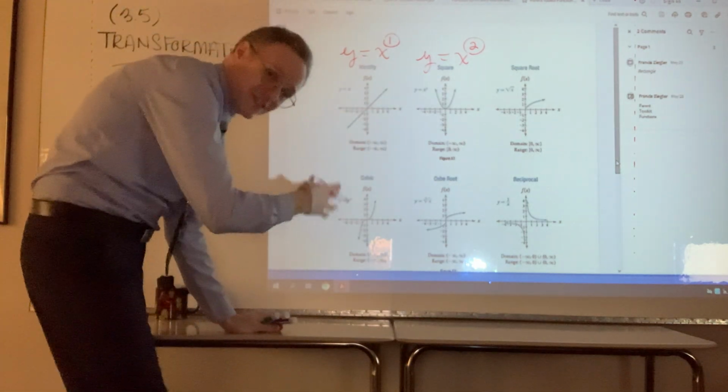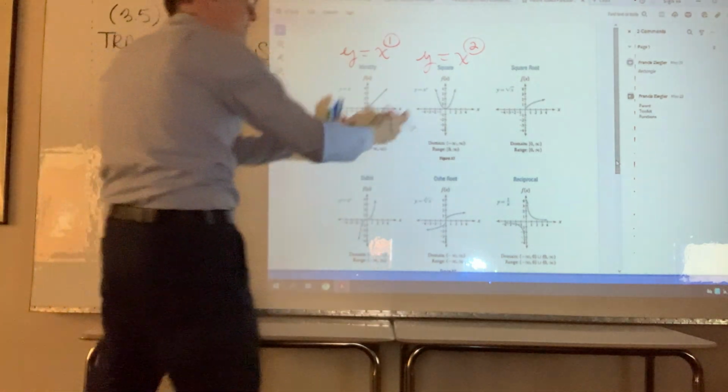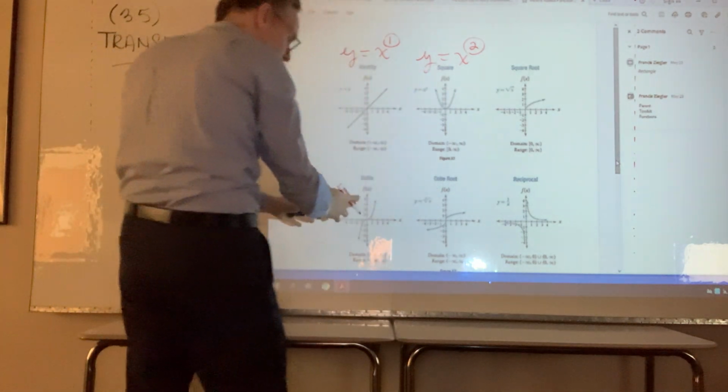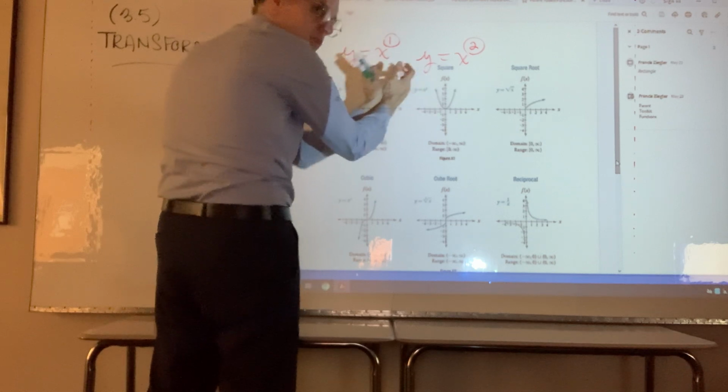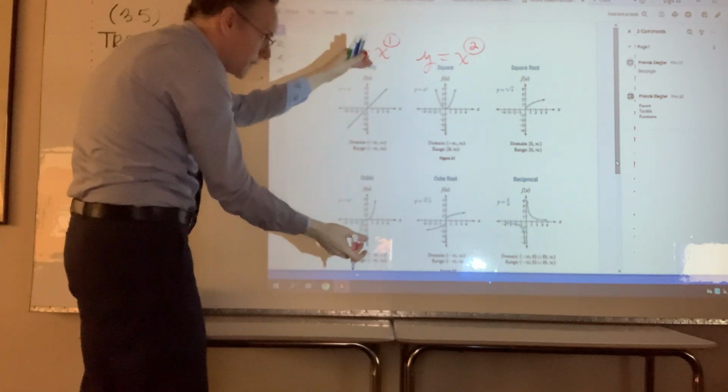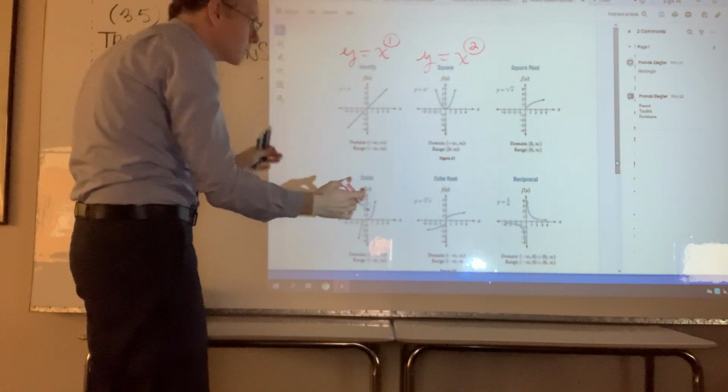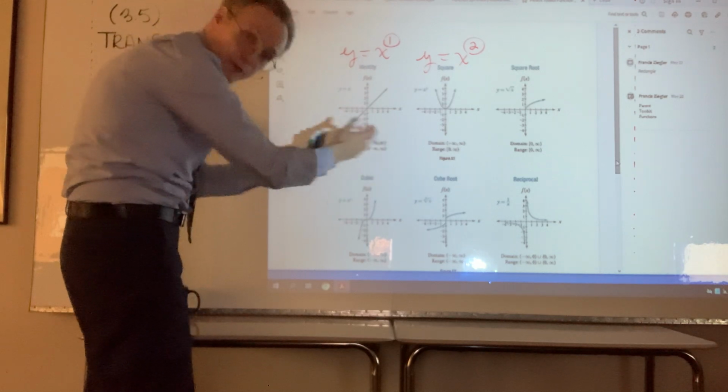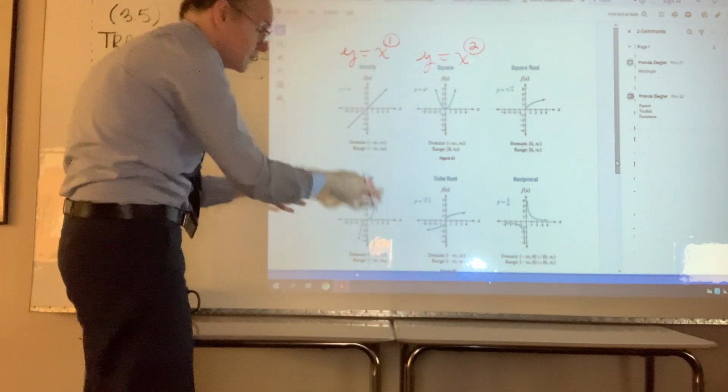What we're going to get into today, transformations, is taking these types of drawings and distorting them somehow, either stretching them or squashing them, or shifting them around or reflecting them. Those are transformations.